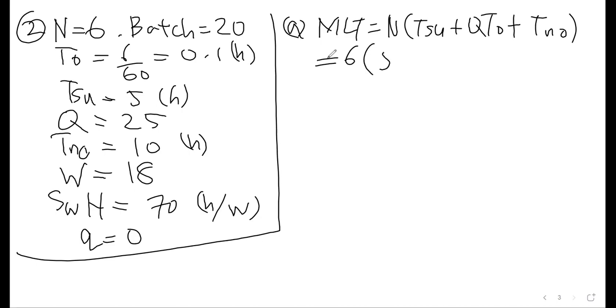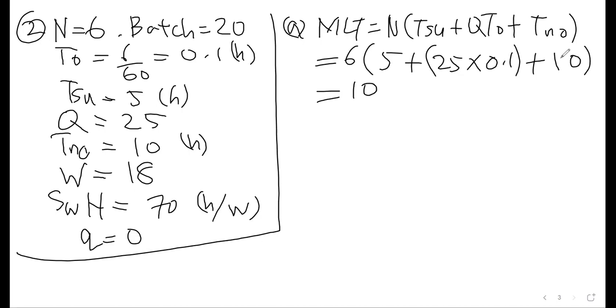N equals 6, TSU you have 5, Q you have 25, T operation you have 0.1, T non-operation you have 10. So you can get the answer from this calculation: 105 hours. Okay, so that is A, and then you need to go for number B.